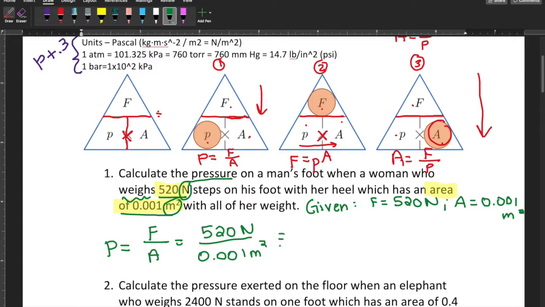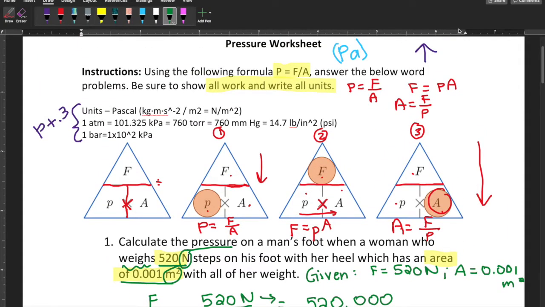So I plug this in my calculator, and what do I get? Give me a second. And I get 520,000. That's the answer. What are the units? We see newtons here, and we see meters squared. So newtons over meters squared is equal to pascals. We said that above right here.